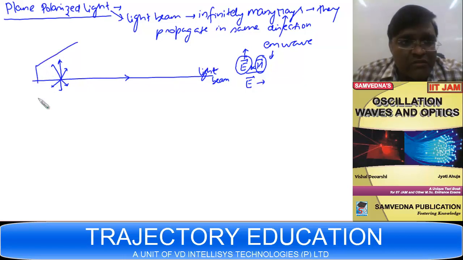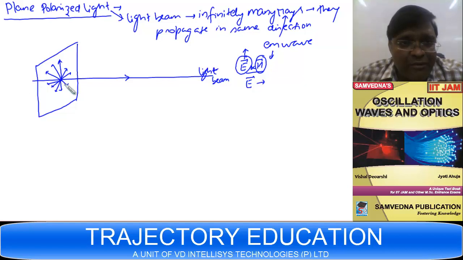But all these directions will be confined to a plane which is perpendicular to the direction of propagation. If I draw a plane perpendicular to the direction of propagation, all these field vectors will be confined to such a plane.